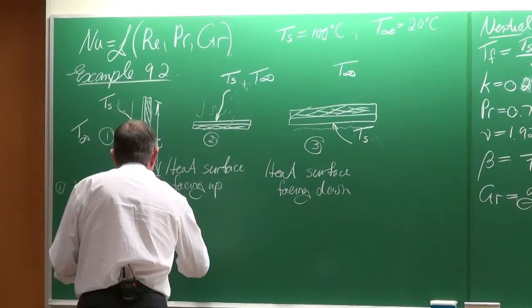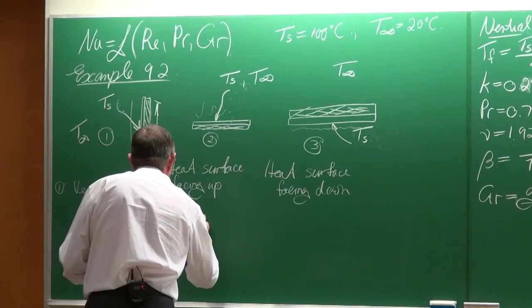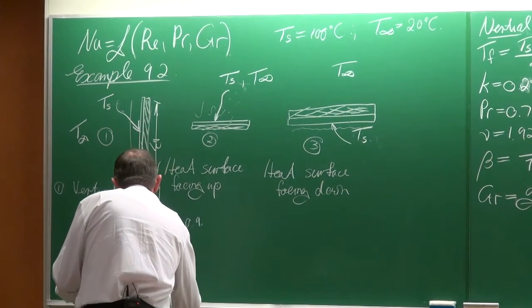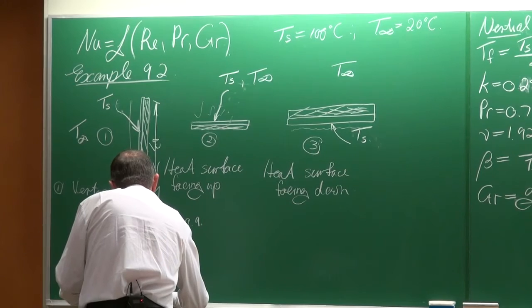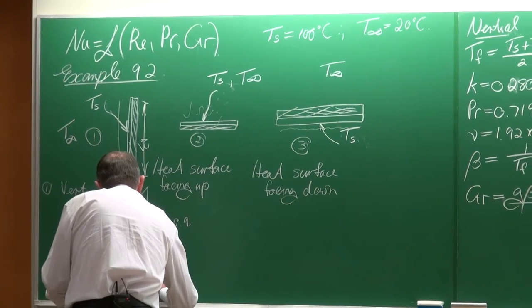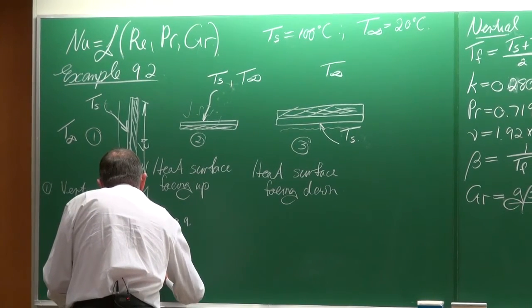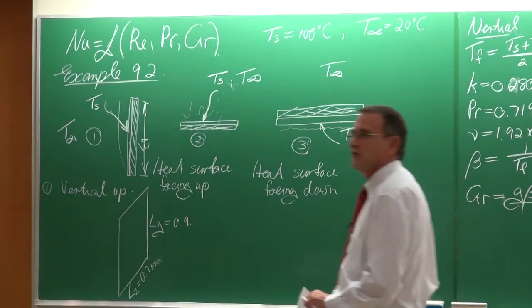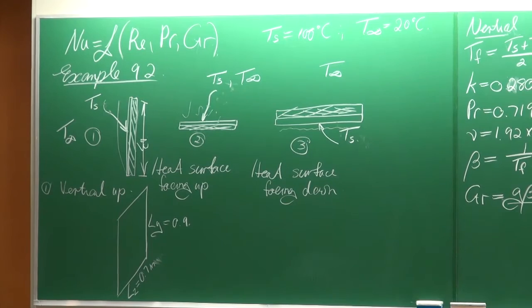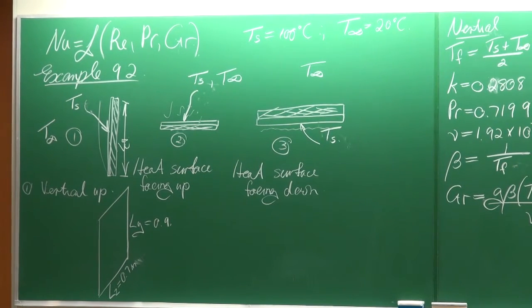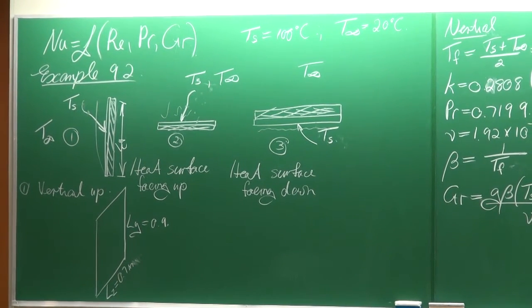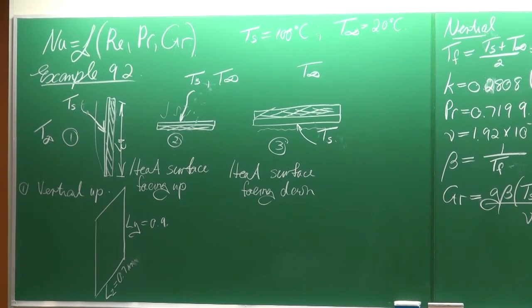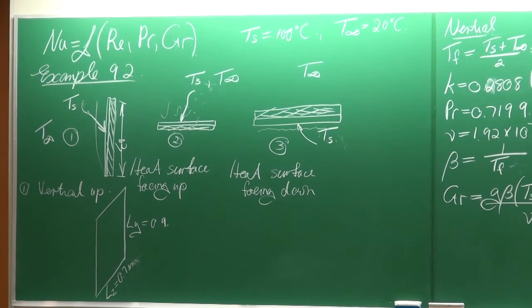So we've got a length Ly, which is 0.9 meters, and a length in the Z direction, which is equal to 0.7 meters. So that's the dimension of the plate. And if we look at the sketch, we can see it is in the upward direction. Do you see? 900 millimeters direction. So that is why I'm using the Ly there, just for clarification.